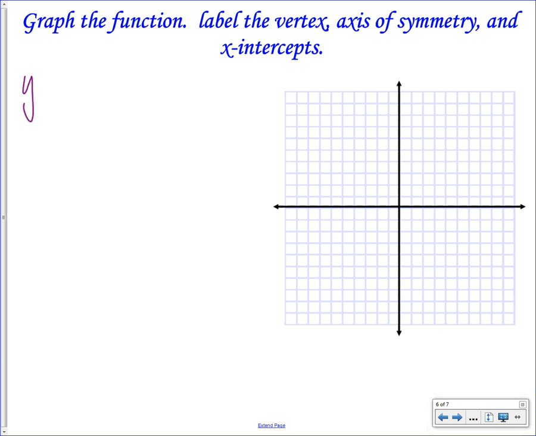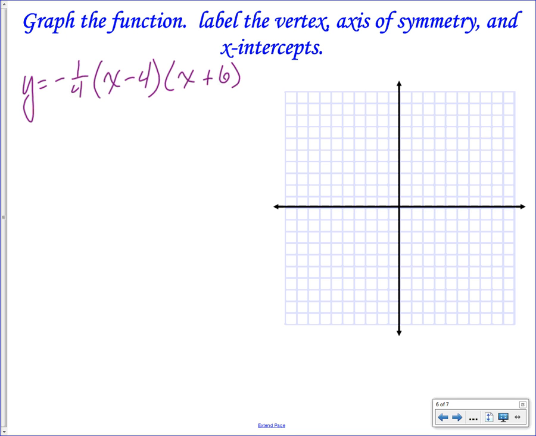All right, so let's see. y equals -1/4 times x minus 4 times x plus 6. Let's go there.